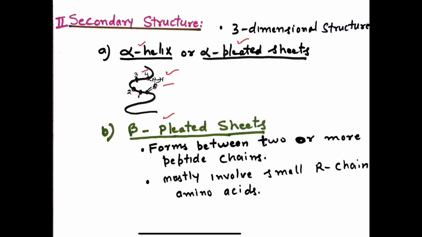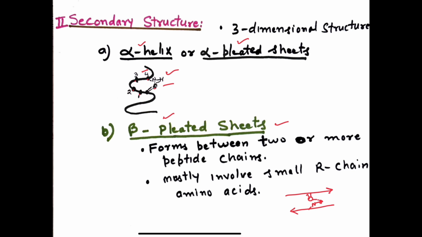In beta pleated sheets, you have two or more peptide chains. So this one peptide chain is running in this direction probably, and there is H bonding between this sheet and this one.